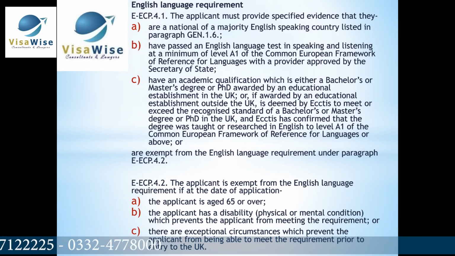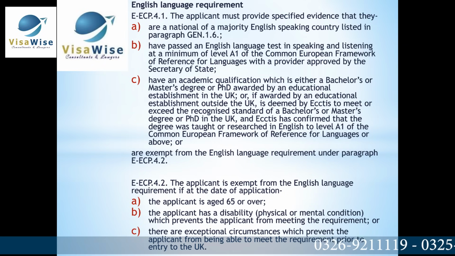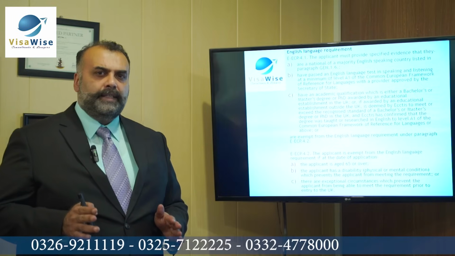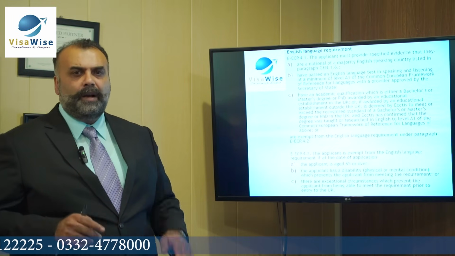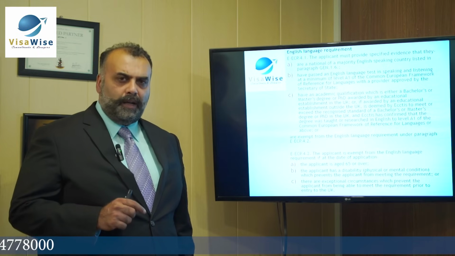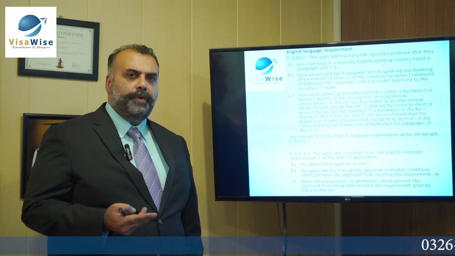So, in a nutshell, if you have done a bachelor's or a master's or a PhD degree in the UK, you don't need to go to any other public body who could establish whether it is equivalent to level A1, because that is the defined evidence that you can put with your application.